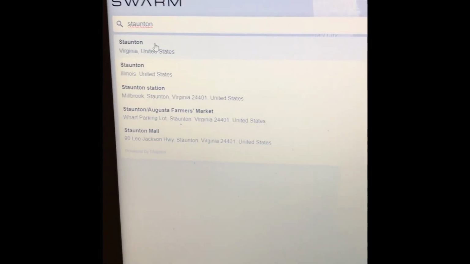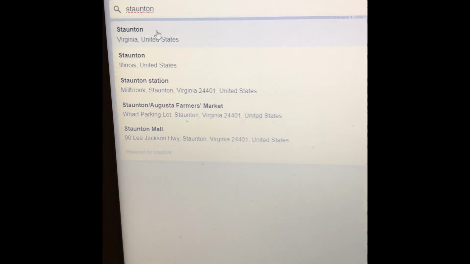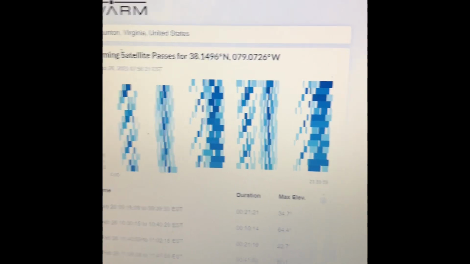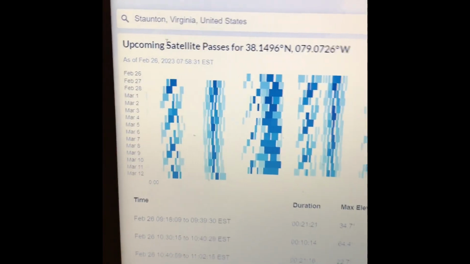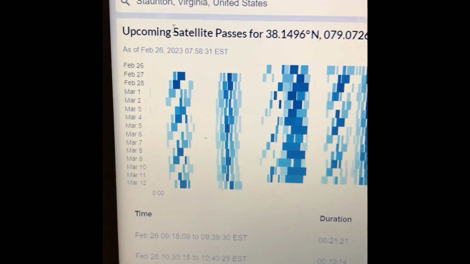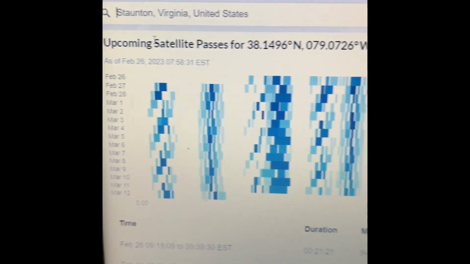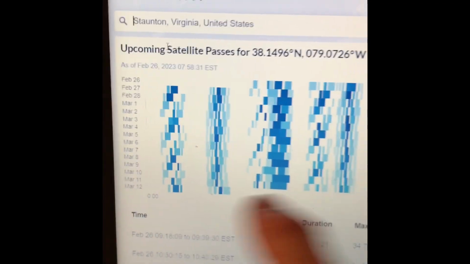We're looking at the Swarm satellite pass checking program. We've entered in our location and we're going to take a look at the information it gives us. It gives us a graphic showing dates on the left-hand side, and what's on the horizontal axis are times.